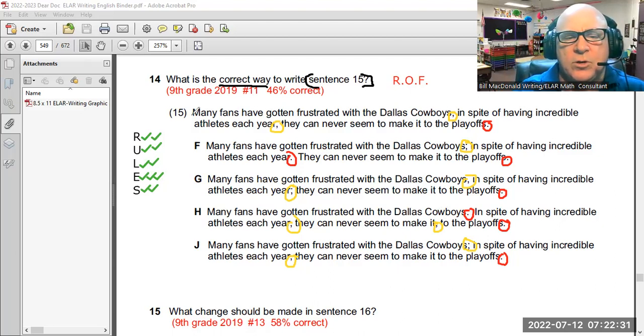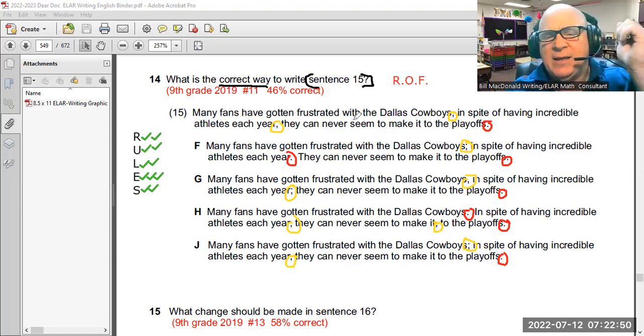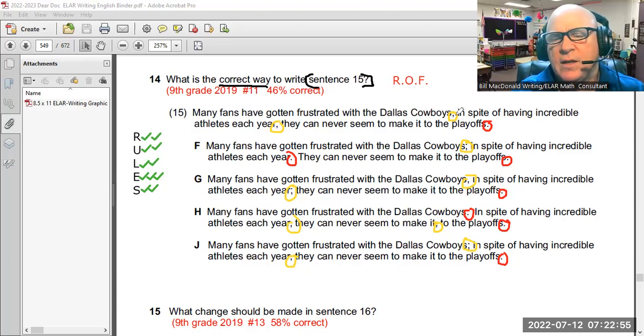So here we go. I will this time draw with my pencil. Let's see what I got here. Capital. Many fans, subject, plural, have gotten frustrated with the Dallas Cowboys, comma. In spite of having incredible athletes each year, comma, they can never seem to make it to the playoffs, period.